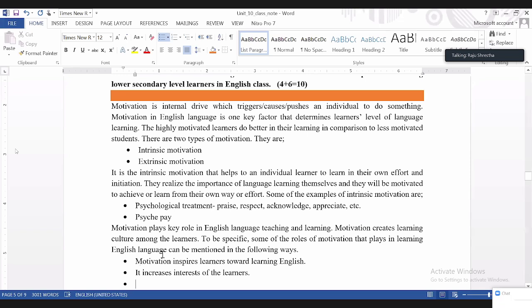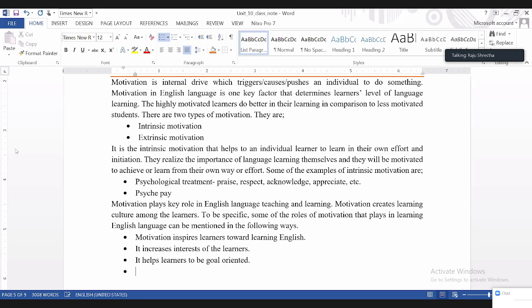High inspiration and goal oriented. Yes, it helps learners to be goal oriented, oriented towards a destination, then self-explorers, self-learners.